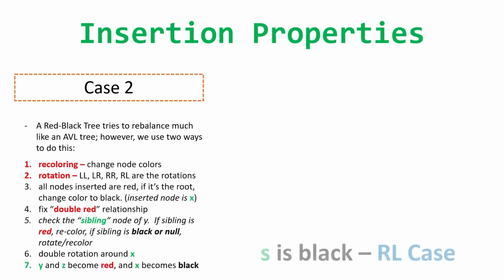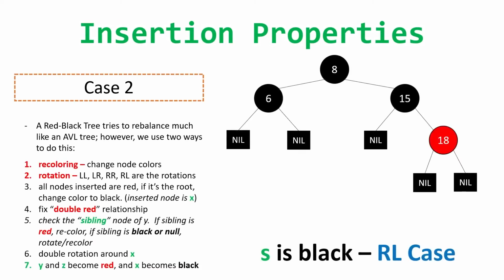That's an easier way to think about it. And for the last subcase for the insertion case number 2, we have this red-black tree, and this is the RL case. Let's go and insert 17, which in a standard binary search tree insertion will be the left child of 18. Now again, we have a double red problem.